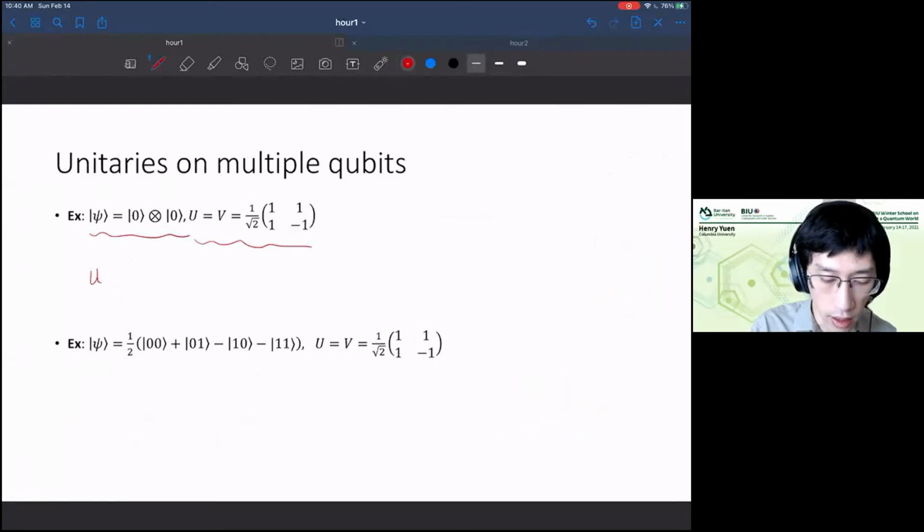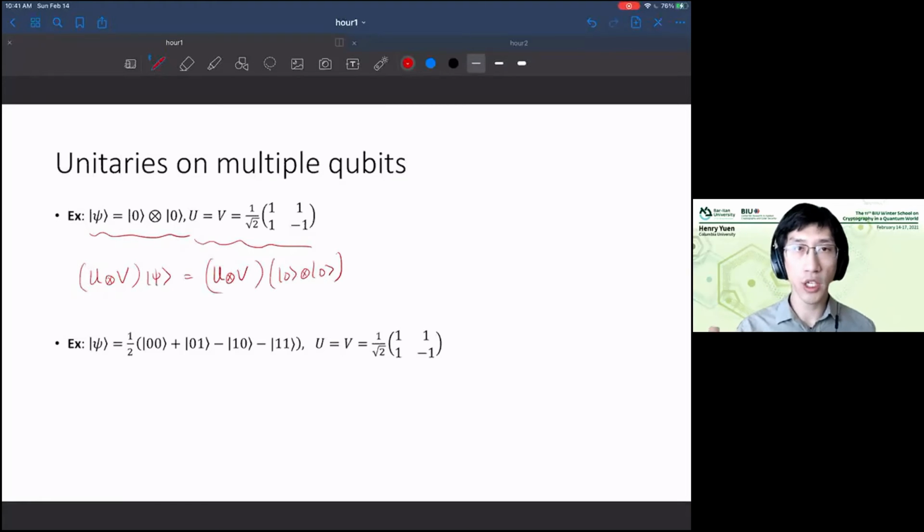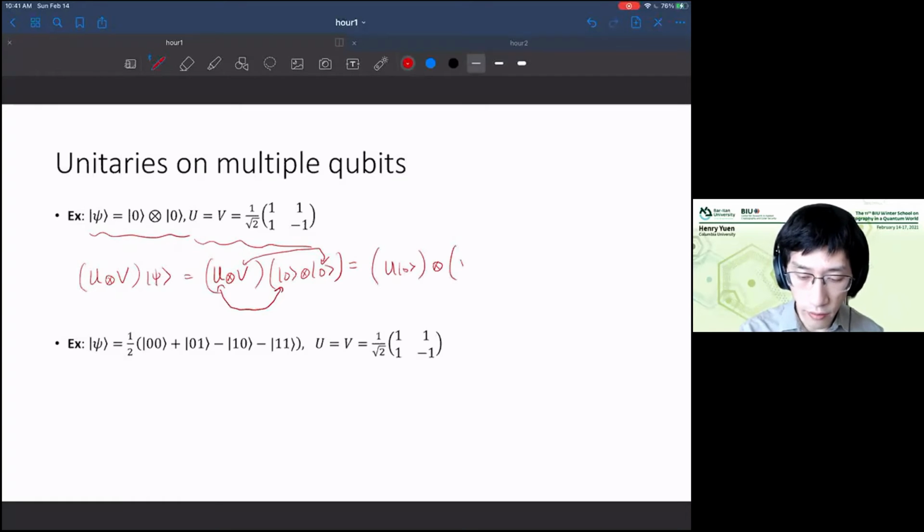So U tensor V applied to psi, well, again, when you're doing these multiplications with the tensor product, you have to match up the slots. So this U has to be applied to this 0 here, and this V gets applied to this 0. So this is the same thing as U applied to 0, tensor, V applied to 0.